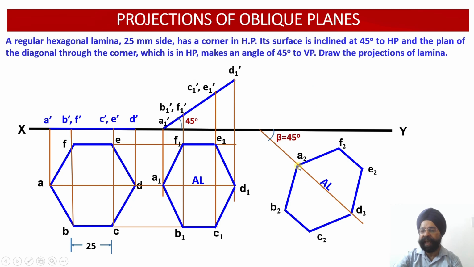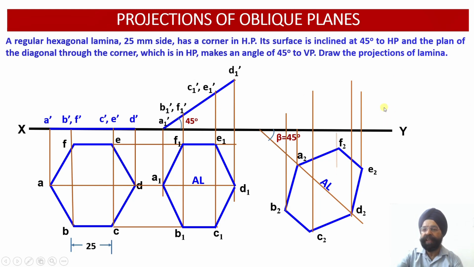So once again, as usual, figure 5 was our translation or rotation of figure 4, and figure 6 will be the corresponding figure. So here we have 6 points of this hexagonal lamina projection. All these 6 points will be projected upwards, and these 6 points we are going to project from left to right.